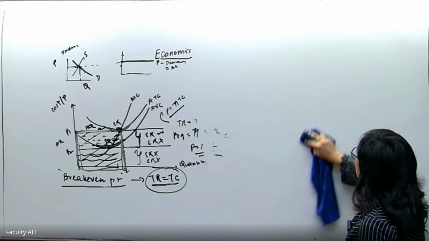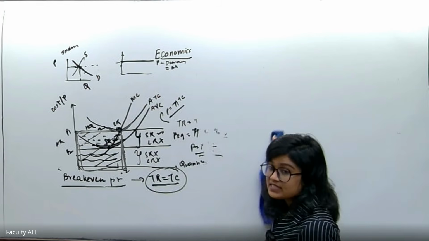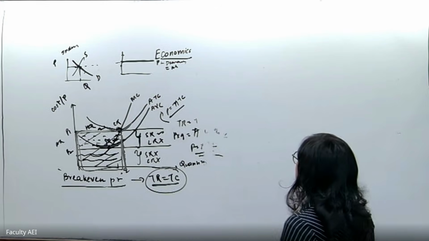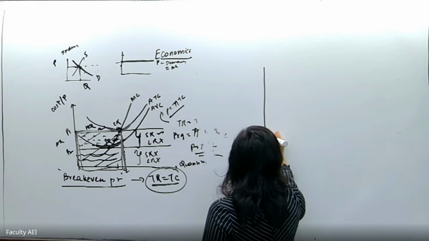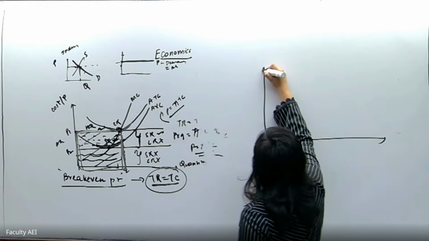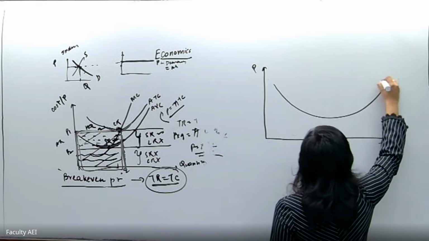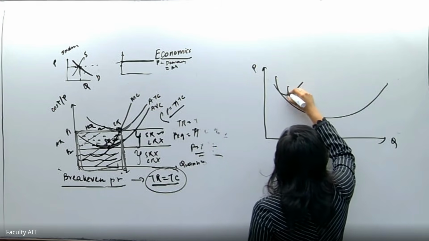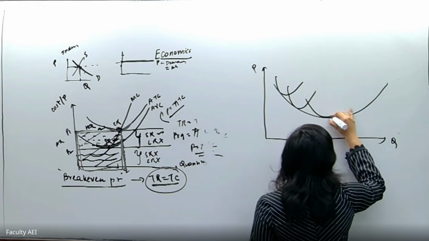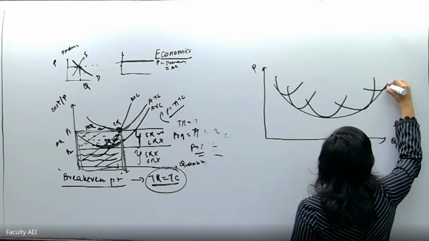So there would be different scales of operations at which you would be working under the short run. But under the long run, we are able to do so.